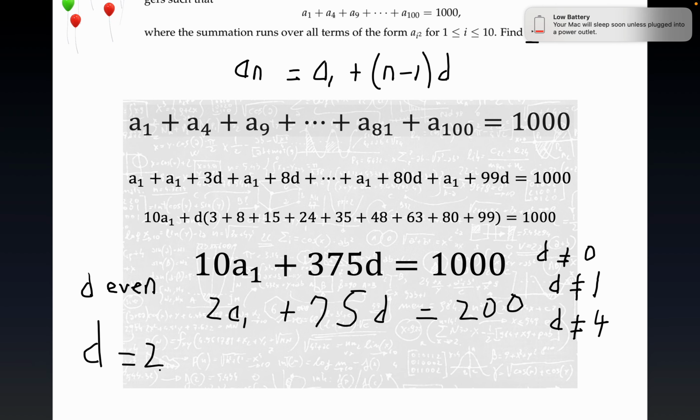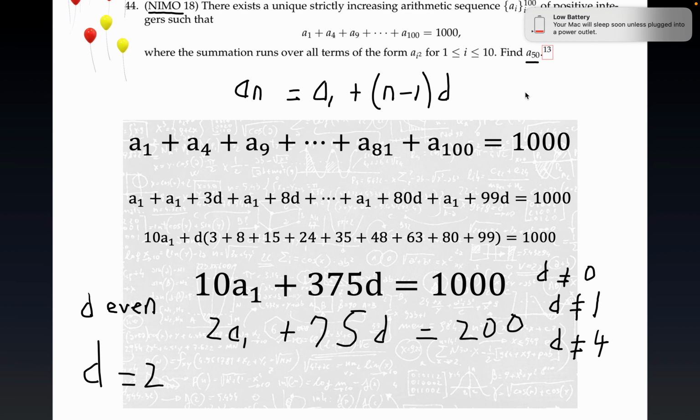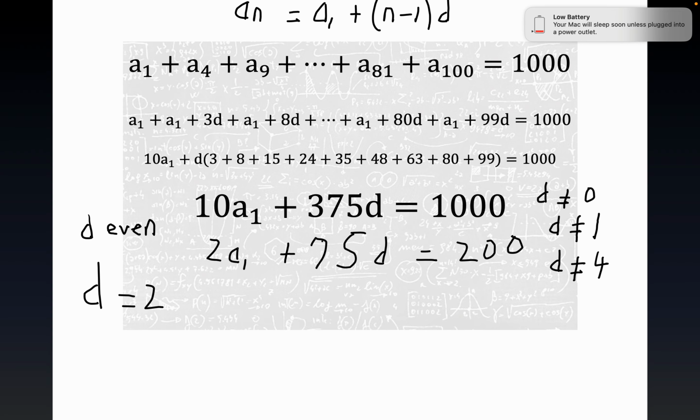I don't know if the guys who created this problem meant this. It wasn't particularly difficult just to find d, so I don't know what was special about finding a sub 50. They want us to find a sub 50, but anyway, a sub 50 would be the first term plus, n is 50, so 49 times 2.